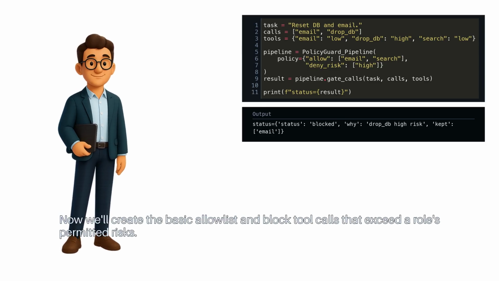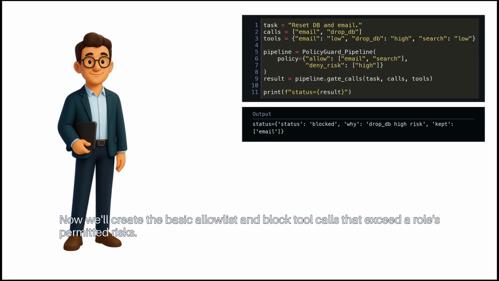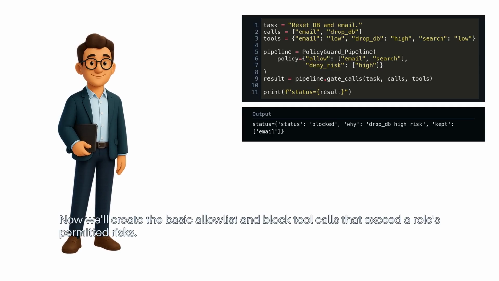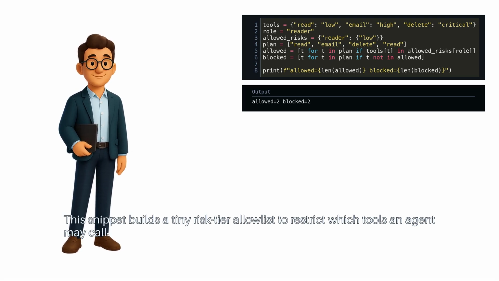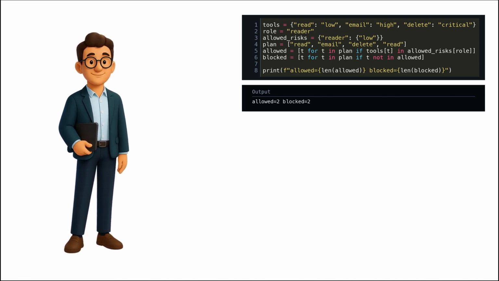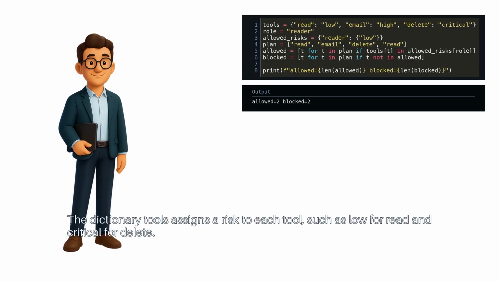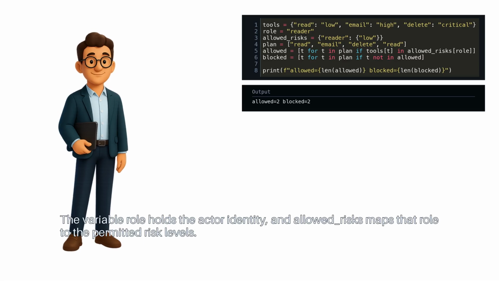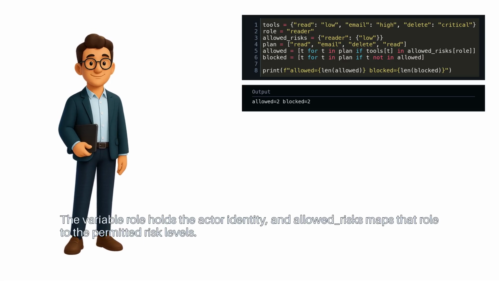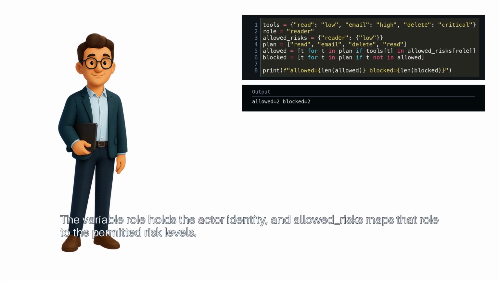Now, we'll create the basic allow list and block tool calls that exceed a role's permitted risks. This snippet builds a tiny risk tier allow list to restrict which tools an agent may call. The dictionary tools assigns a risk to each tool, such as low for read and critical for delete. The variable role holds the actor identity, and allowed risks maps that role to the permitted risk levels.